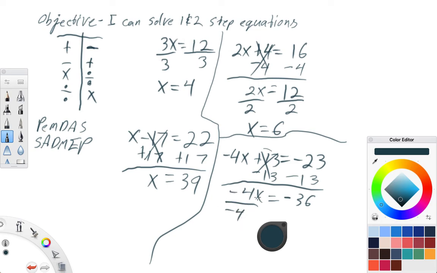This is negative 4 times x. The inverse operation of that would be divide by negative 4. And that gives us positive 1x, right? Negative 4 divided by negative 4 is still 1, equals negative 36 divided by negative 4. Well, negative divided by negative is a positive. 4 goes into 36 9 times, so x equals 9.